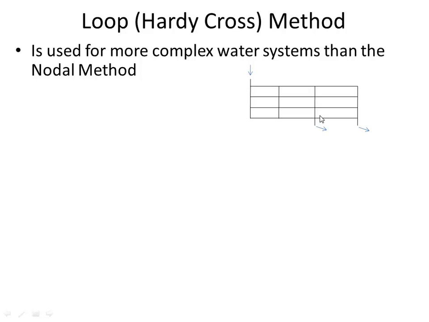A portion may be going through lots of different flow paths, but ultimately, regardless of the flow path, it loses the same amount of energy. And that's the principle that is built into the Hardy-Cross method: we're checking all of these different flow routes that water can go to get from point A to point B, and we're trying to balance it out so that water has the same amount of energy loss regardless of which path it takes between the 2 points.